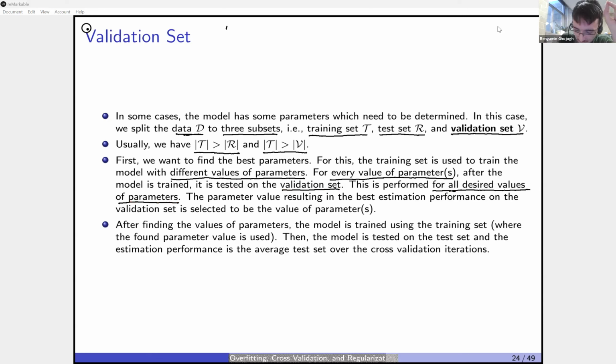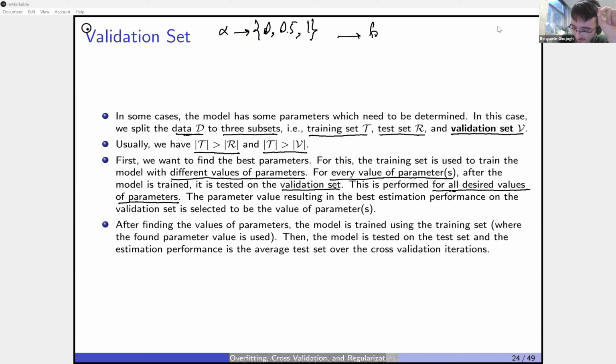So again, assume you have alpha, you choose some possible values for alpha. For simplicity, I choose a smaller set: 0, half, and 1.